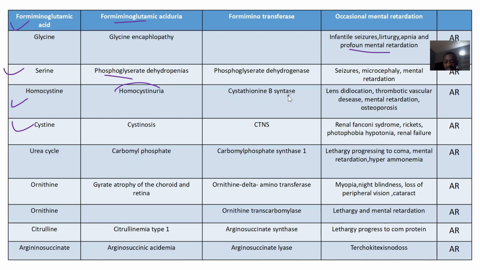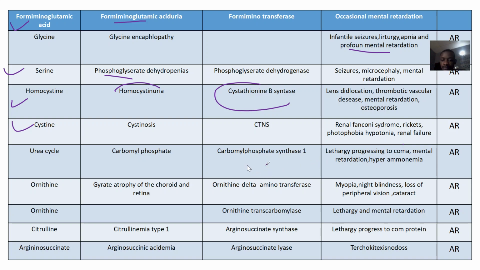The enzyme absent is cystathionine beta synthase. So you have lens dislocation, thrombotic vascular disease, mental retardation, and osteoporosis. Then cystinosis: renal Fanconi syndrome, rickets, photophobia, hypotonia, renal failure.